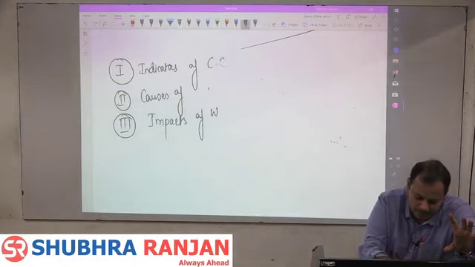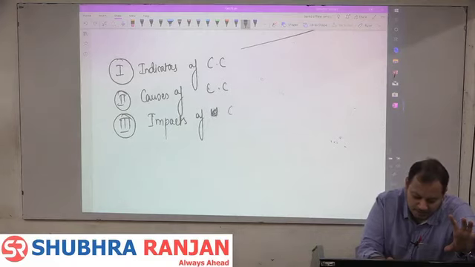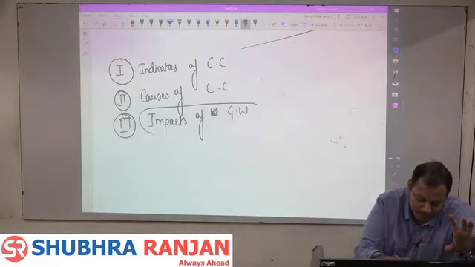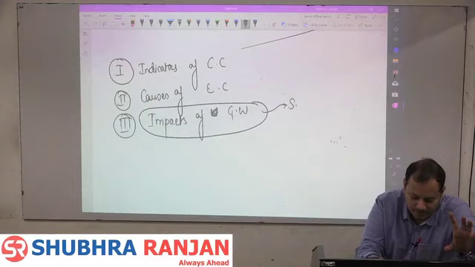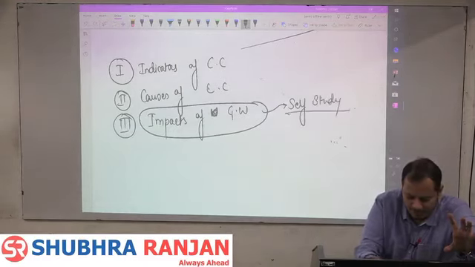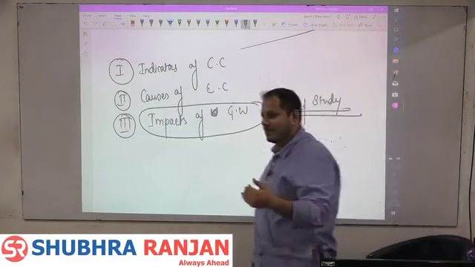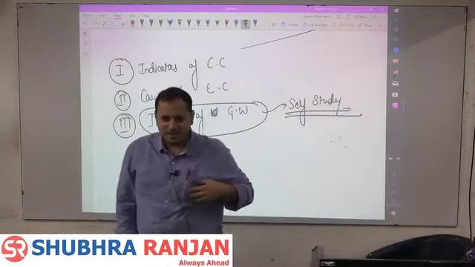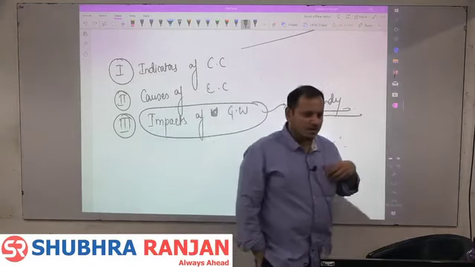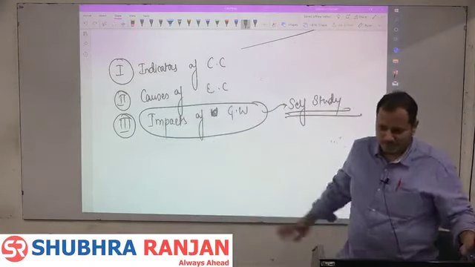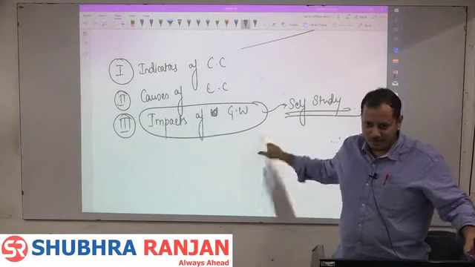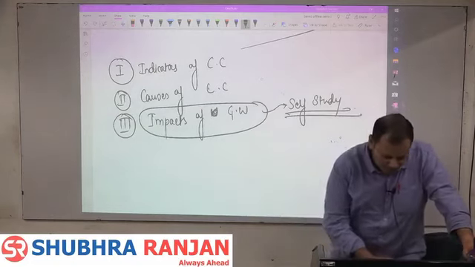Indicators of climate change, causes of climate change, and third is the impacts of global warming. You already know sea level is rising, mass extinction is happening, there is change in the albedo of the earth, there is increasing air pollution, etc. So impacts of the global warming, do this as self study first.